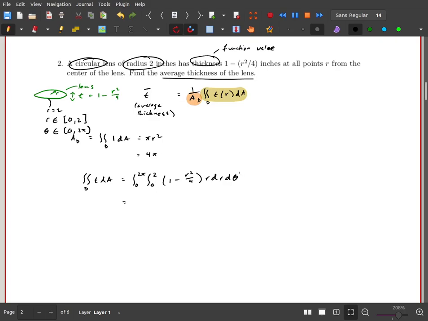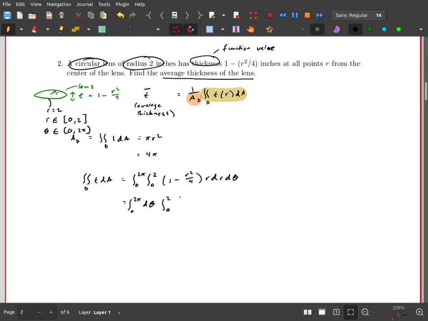We can also integrate the theta separately because there's no dependency on theta in r. So r does not depend on theta, so we can bring that integral out.